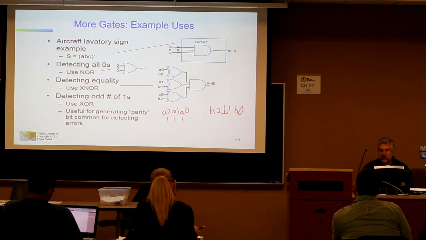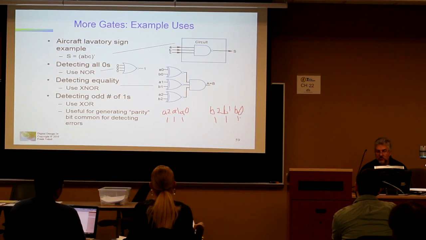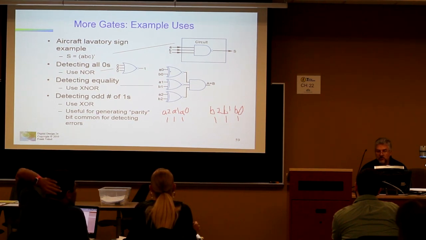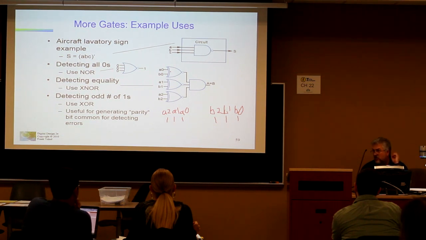This is an exclusive NOR, correct? So let's take this situation. When A0 is 1 and B0 is 1, the exclusive OR will give you a 0. An exclusive NOR will give you a 1.